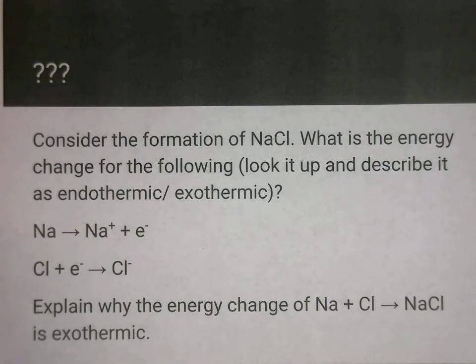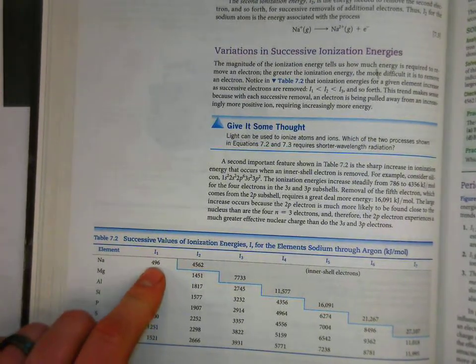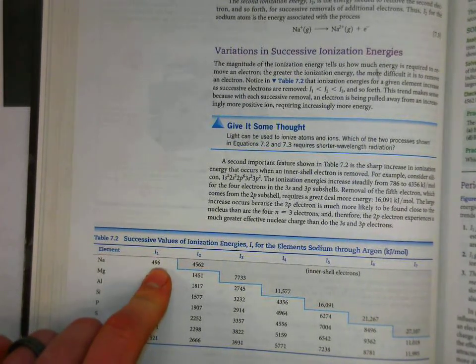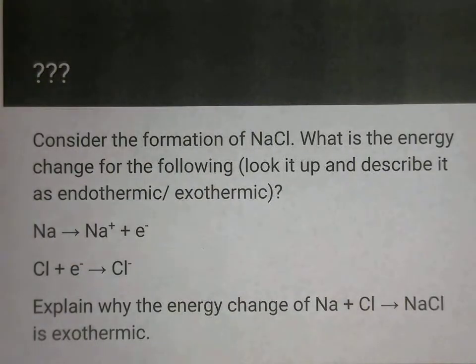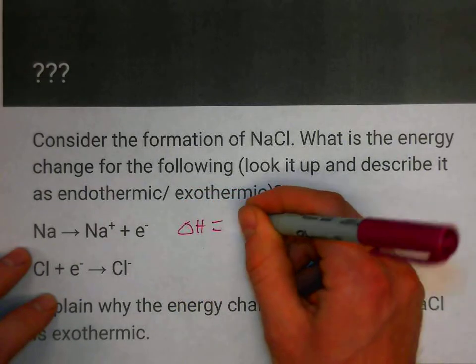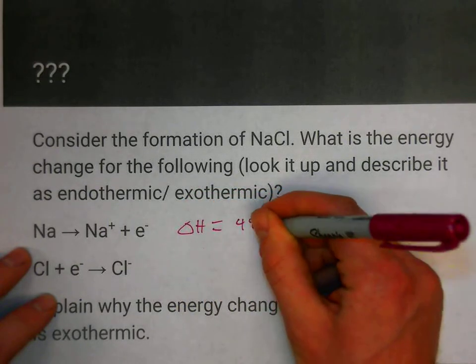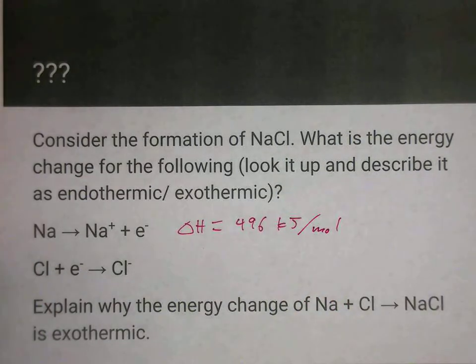So the energy it takes to remove the first electron, the first ionization energy, and in this book here, we have 496 kilojoules per mole. Okay, and that's a positive value.